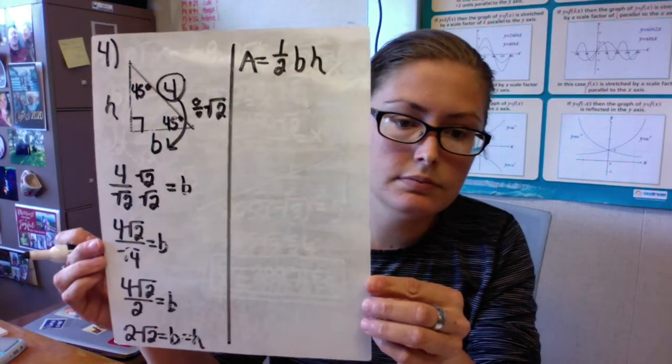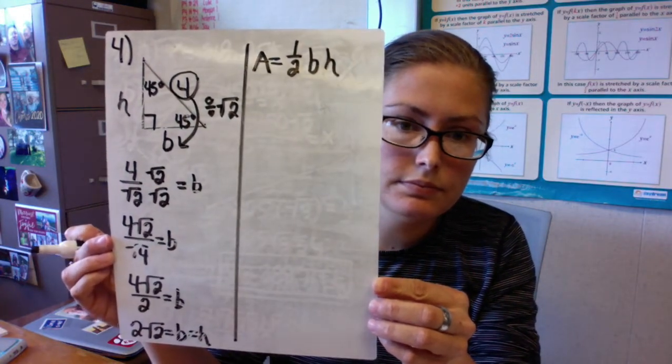Okay, to find our area, it is equal to one half times the base times the height. So our area is going to be equal to 1/2 times 2 radical 2 times 2 radical 2.